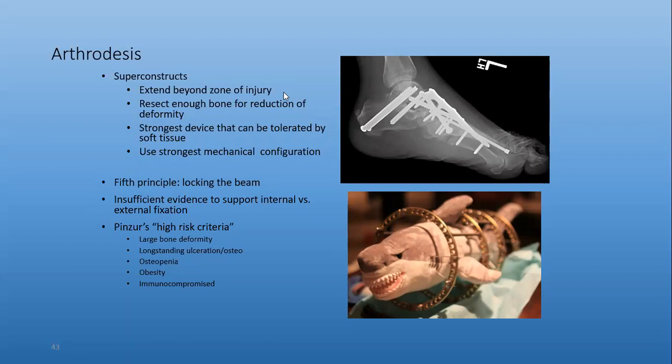These locking beams, I think that's a newer article. I'll have my fellow grab that article for you guys, and we'll send that out. That locking beam means utilizing some kind of locking technology in combination with the beams.